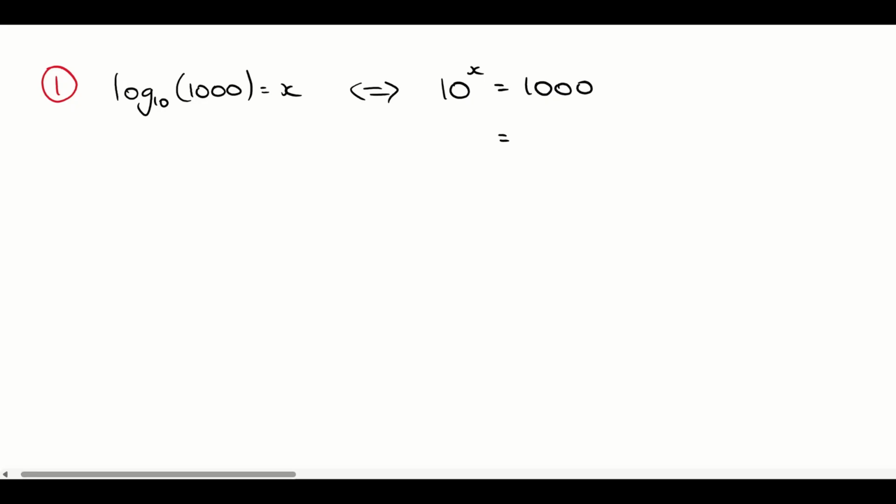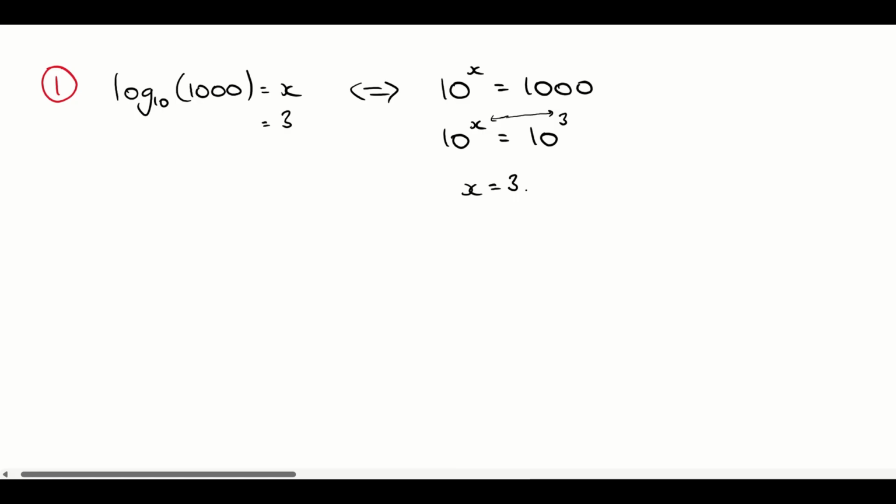So I can say that 1,000 is just 10 to the power of 3. So 10 to the power of x is 10 to the power of 3. Now, because I've got the same base, I can compare my indexes here. So x is equal to 3 in this case. So we can say that log to the base 10 of 1,000 is equal to 3.